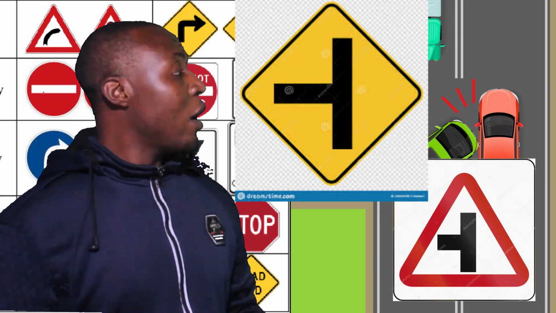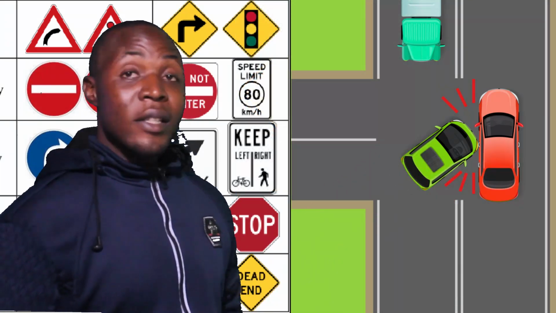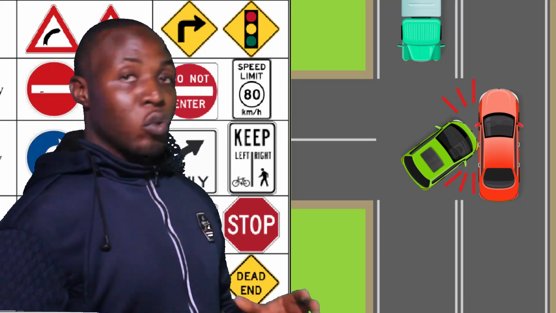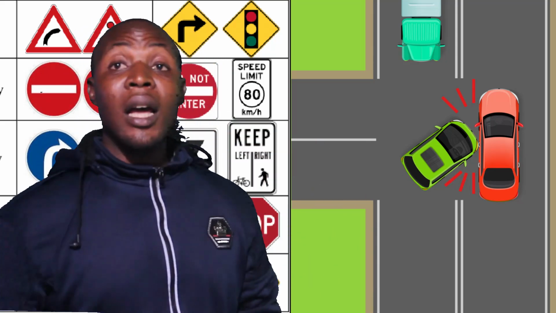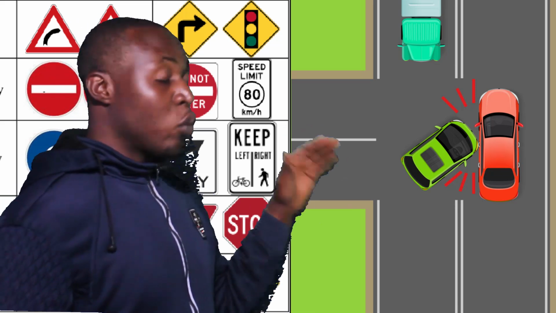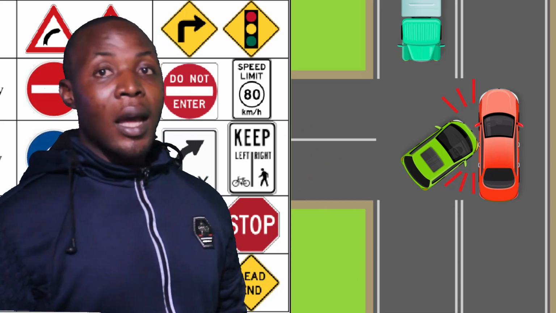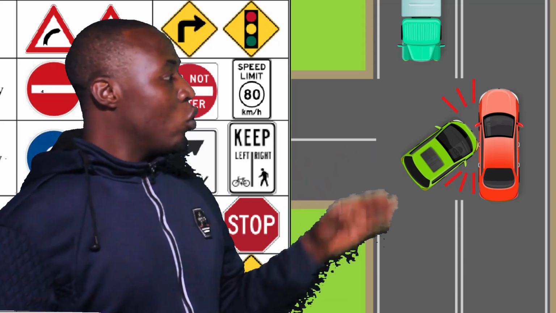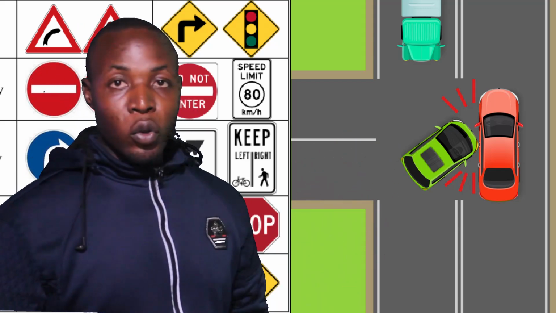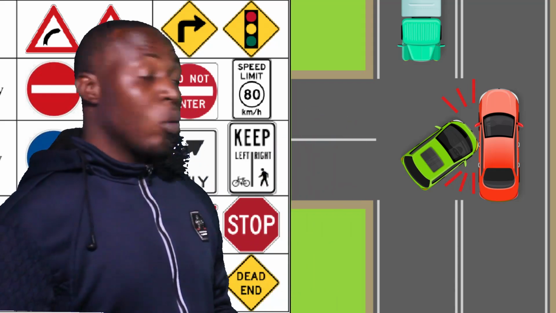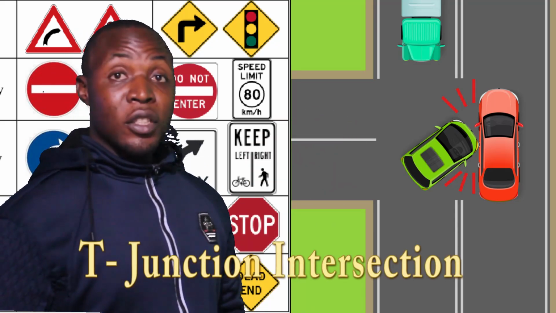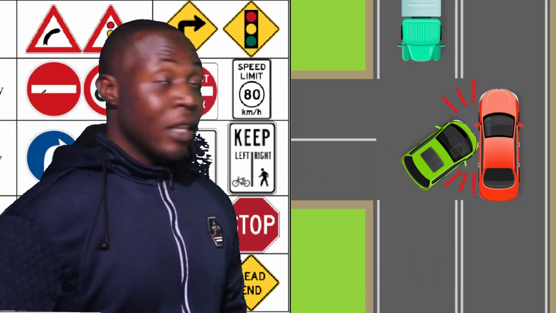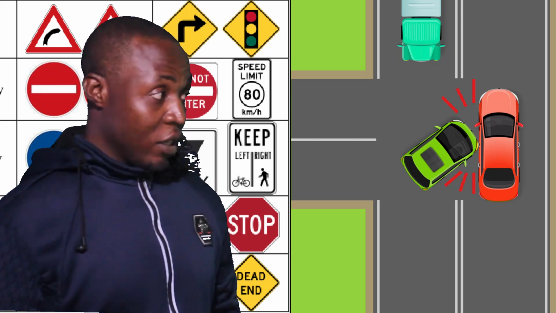Whenever you are driving towards the intersection, you have to take care. When you are entering a T-junction, you do not just enter. If you just enter, you will find yourself in an accident or in trouble. Looking at the picture on the board, this is a driver who entered the T-junction without knowing that it was a T-junction, and this is the result, as you see on the screen.